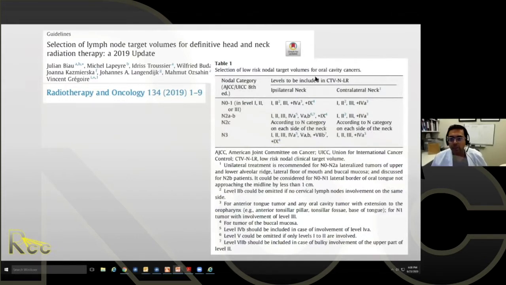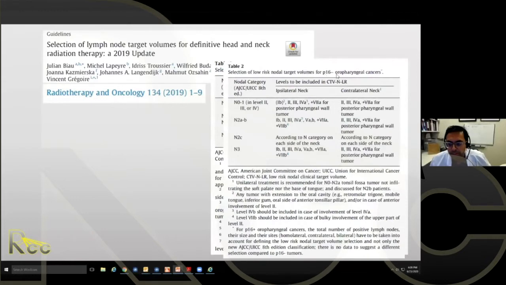In regards to oral cavity cancers, when you have a node negative neck, you're always going to cover 1, 2, and 3 electively. But you'll notice for 4A, when you have an anterior tongue or oral cavity tumor that extends to the oropharynx, you're going to cover 4A as well. Now, when you have node positive N2 or higher necks, you're always going to cover 3 and 4.